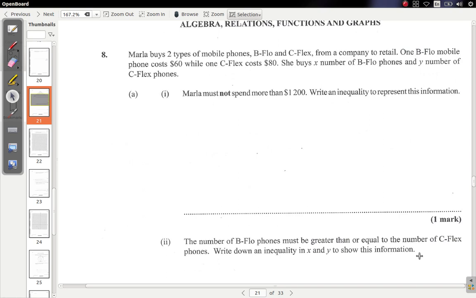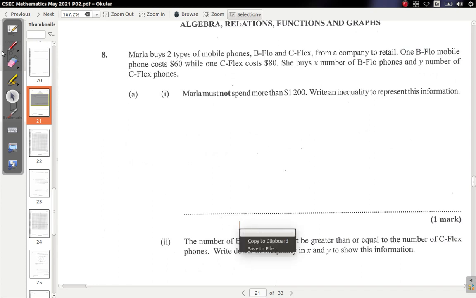Okay, good. The number of B Flow phones is x.